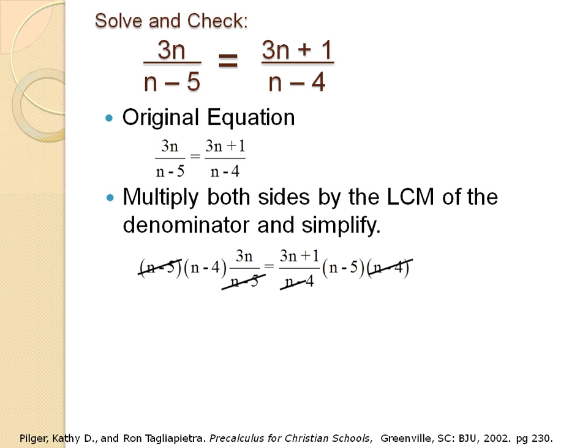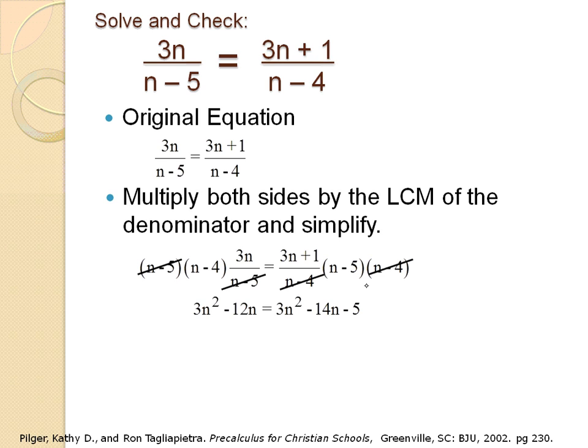So what we're left with, we can multiply this out. 3n times n is 3n squared. 3n times 4 is negative 12n. Multiplying here, multiply this out. 3n squared minus 15n plus n gives us that negative 14n, and then 1 times negative 5 is negative 5.